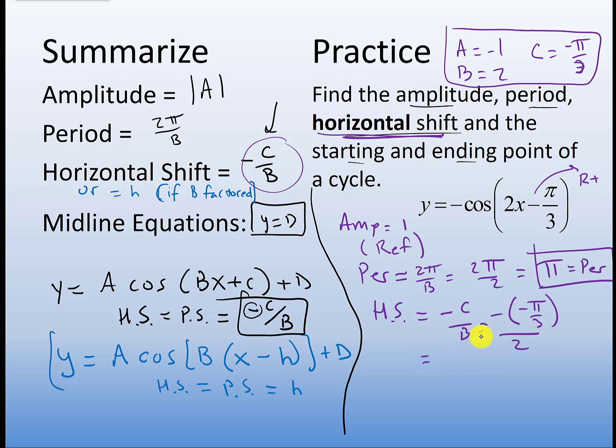So a negative of a negative is positive π/3 times... now if you divide by 2, that's timesing by the reciprocal. So my starting number is π/6. This is where it shifts to for my first starting point. So I'm going to take the y-axis start point and shift it over to the π/6 starting point.